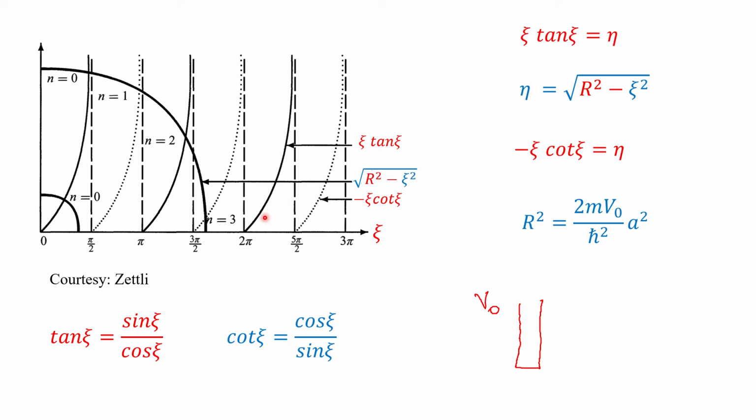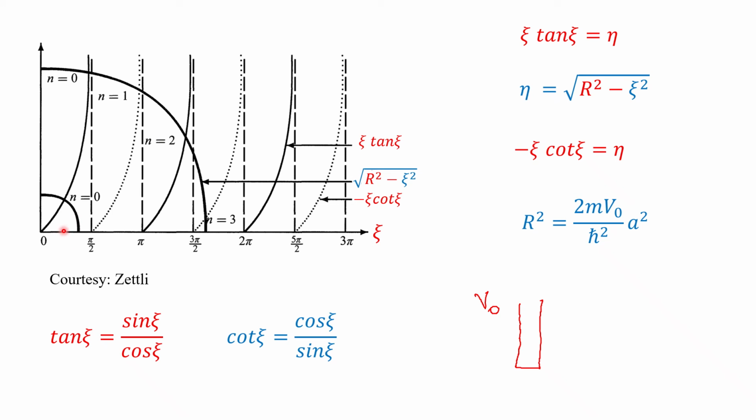It will go like this. The dotted line is minus z cot z, the solid line is z tan z, and this radius is the square root of r squared minus z squared. From the intersections we can find the result.